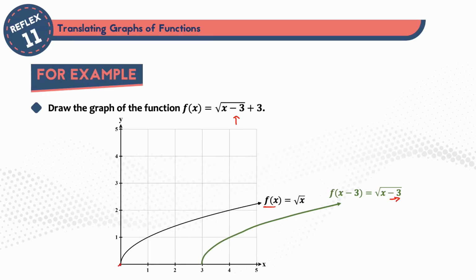So from 0, 0, it's moved to the right 3 units. This is my first step, and now we're going to do this step as my second. We're going to add 3, but that means we're going to move up 3 units. So we've gone 3 to the right, and then we go up 3. So then that is our complete transformation.